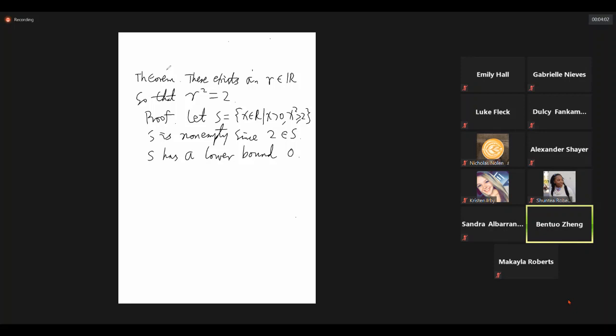So the completeness of the real numbers tells us that once a non-empty set S has a lower bound, it has a greatest lower bound.